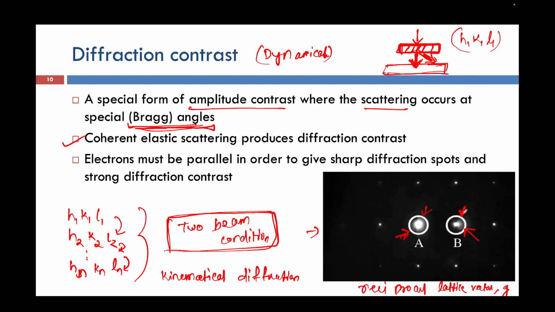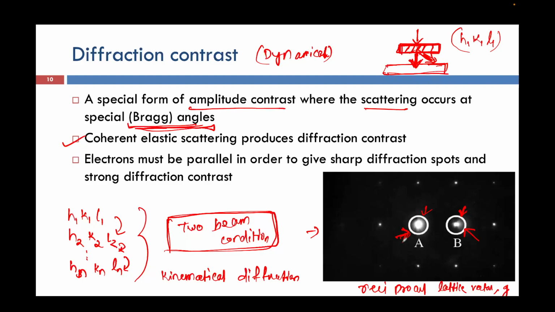Because this two beam theory assumes that all the other diffracted beams are very, very weak, and the relations or the amplitude that we interpret from the two beam theory are not majorly affected by the many beam theory. There is a many beam theory, but the amplitude we get from it is not completely different from the amplitude we get from the two beam theory.